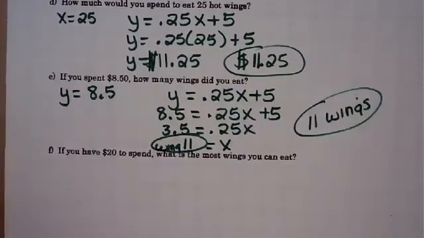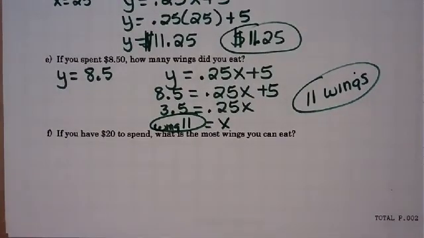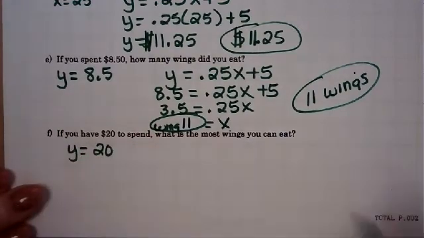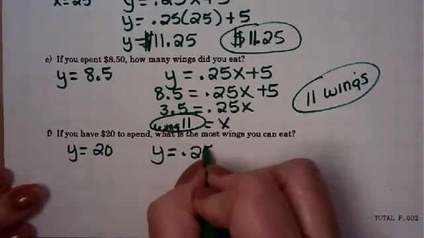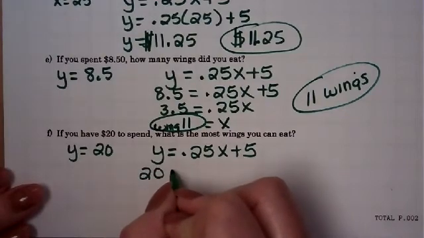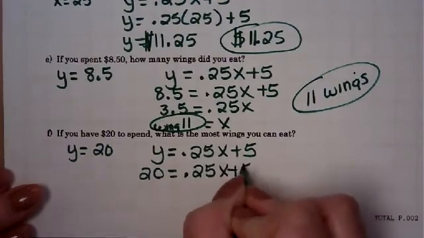There you go. Now, my last one, it says if you have $20 to spend, what is the most wings you can eat? So you only got the $20 bill, okay? No more money. So here, y is going to equal 20, okay? So using my formula, y equals 0.25x plus 5, I'm going to have 20 equal to 0.25x plus 5.